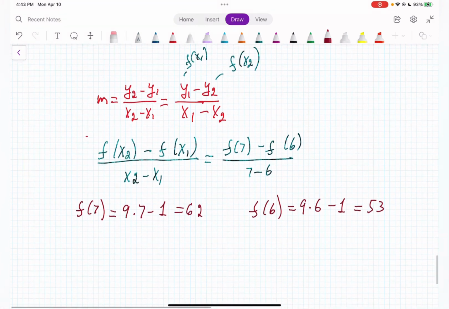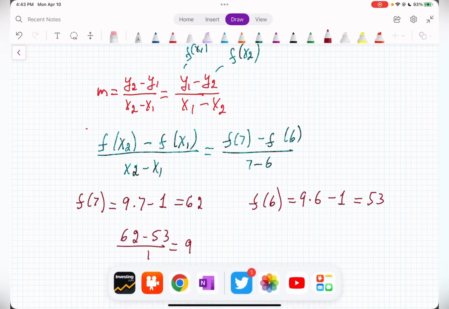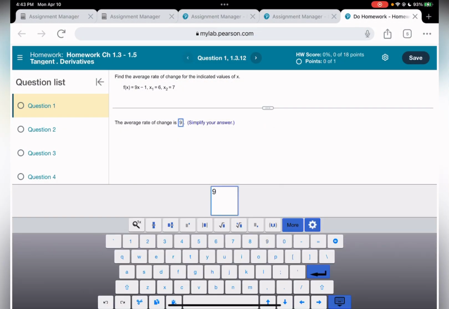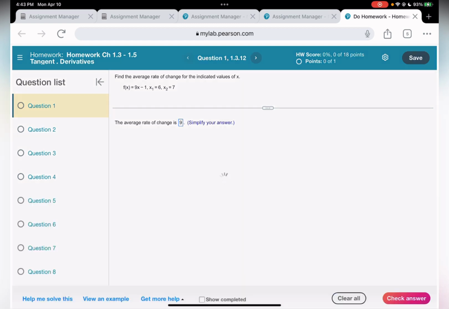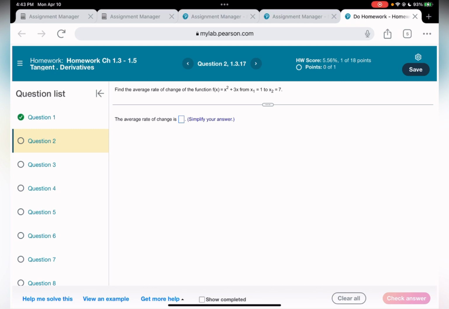So from here, we are getting 62 minus 53 divided by 1, which is going to be 9. So the answer is 9. Bingo. Moving to next question.